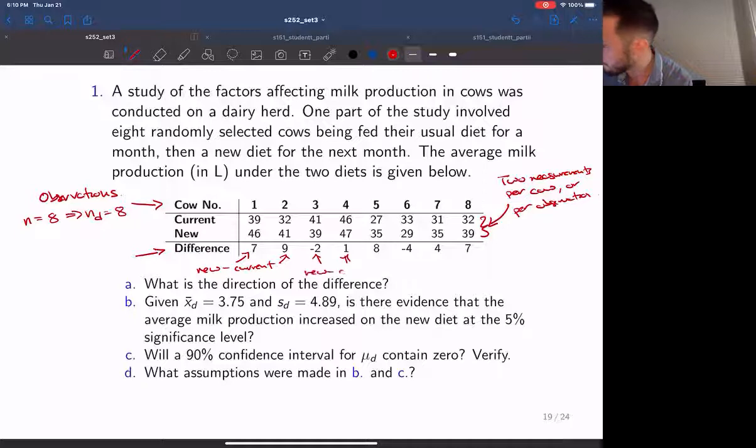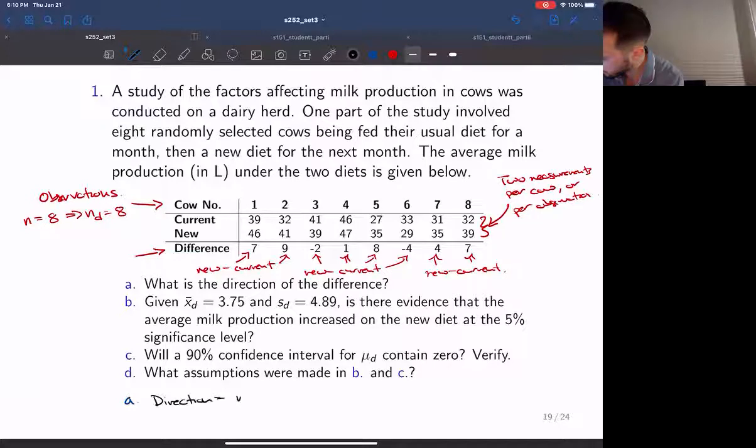So these are all found by taking new minus current. So the direction of the difference for part A is equal to new minus current.